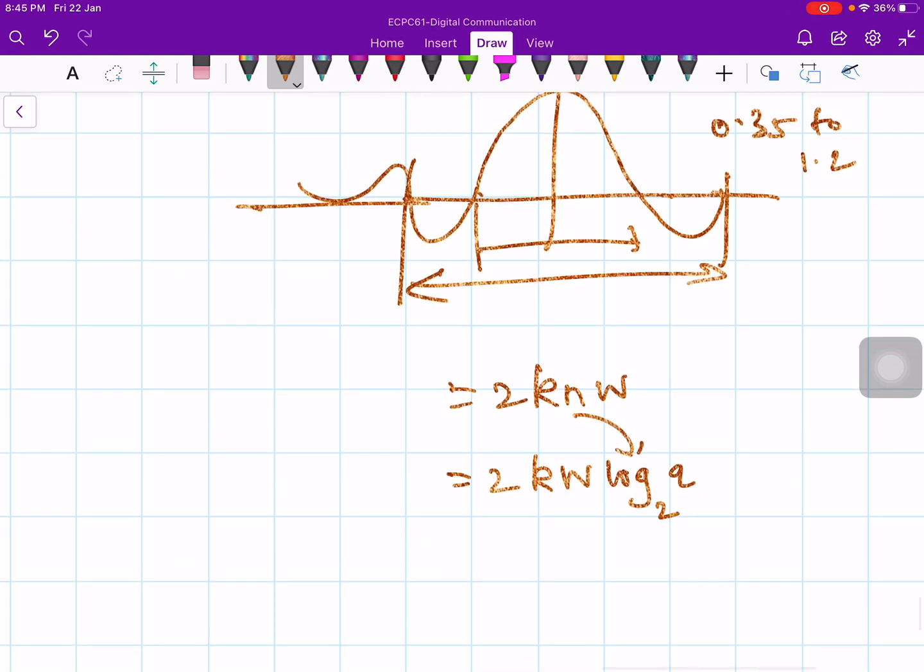Okay, so this is my bandwidth. Now the larger the number of quantization levels, what is Q here? Quantization levels. If the number of quantization levels is increased, then the bandwidth requirement will also be increased, right?